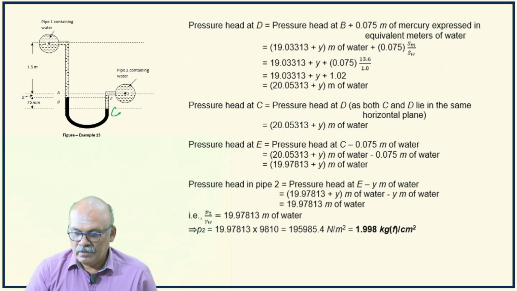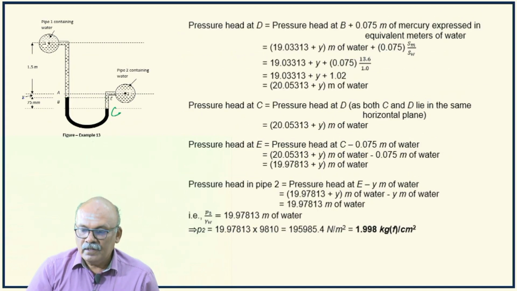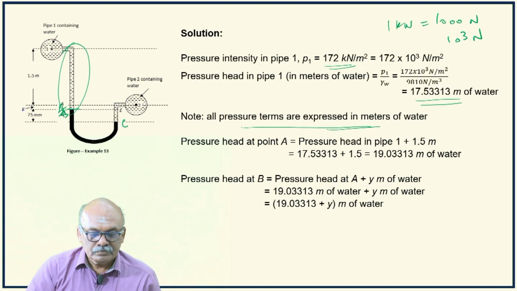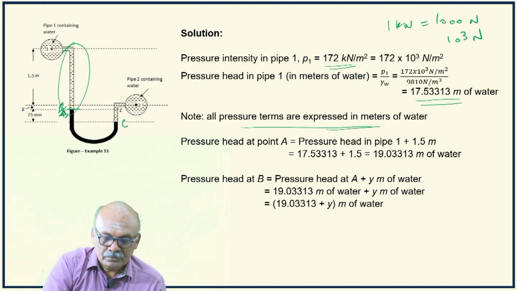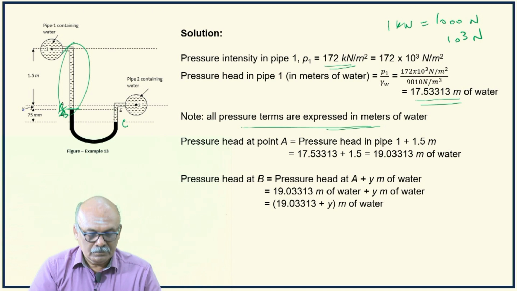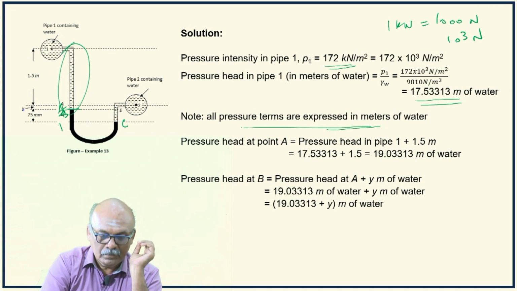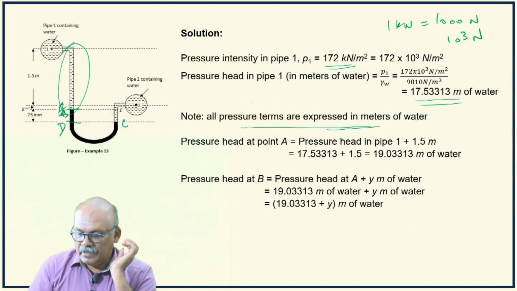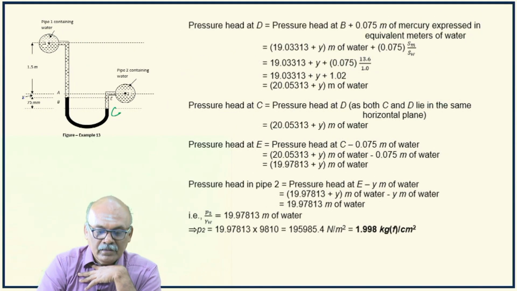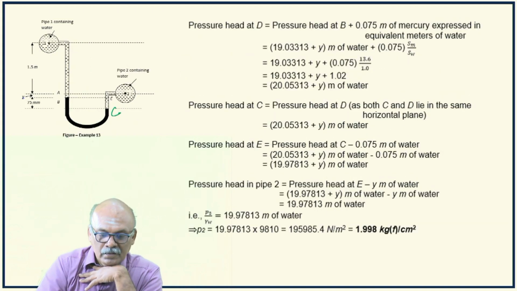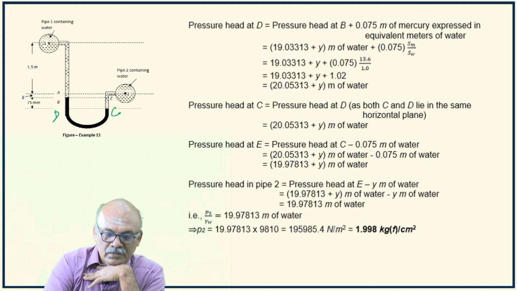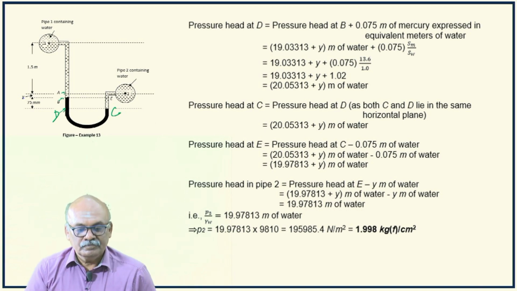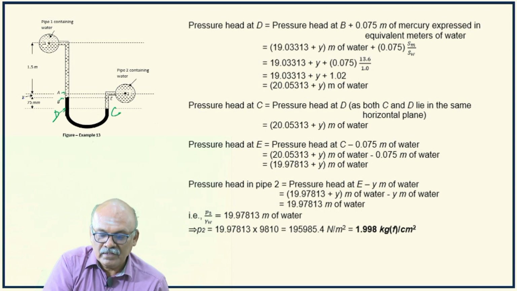Okay. Then pressure here at D, D is here. So, pressure here at D will be pressure here at B. This is D, this is B, this is A and this is D. A is a point which is in line with the center line of pipe 2.